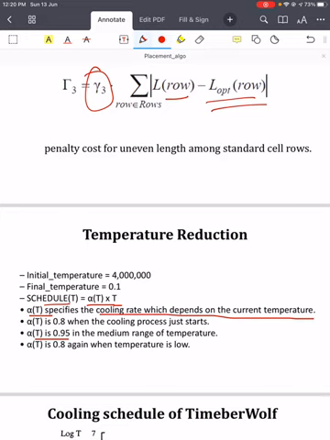Finally, towards the end, the temperature is again reduced at the faster rate, that is alpha equal to 0.8. TimberWolf finishes when t is less than t minimum, and t minimum you can take as 1.